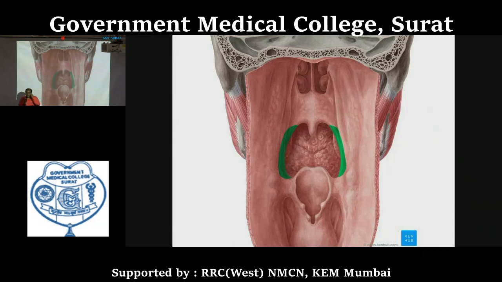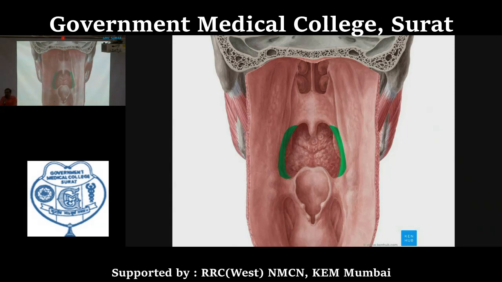This pyriform fossa has clinical importance because it is a small extension of the laryngopharynx where a foreign body can get lodged. And in the wall of the pyriform fossa, just deep to the mucosa, the internal laryngeal nerve is there.